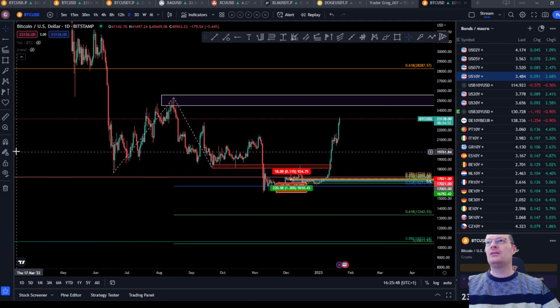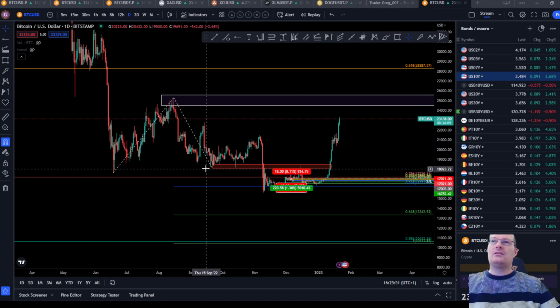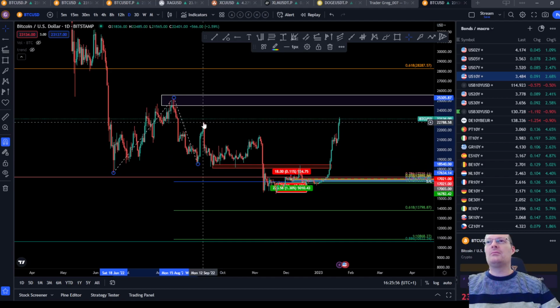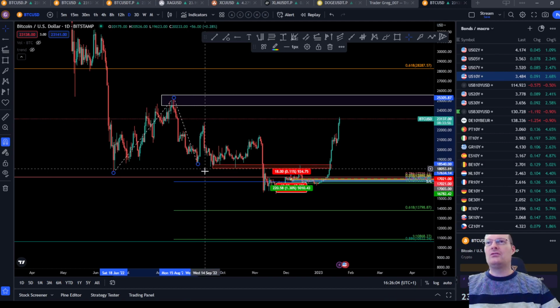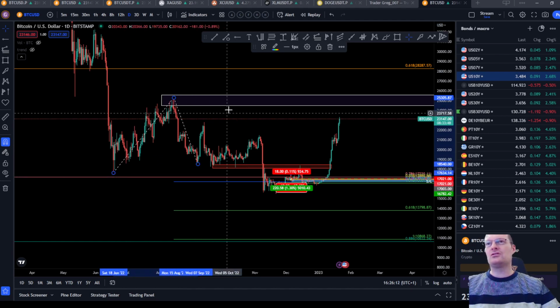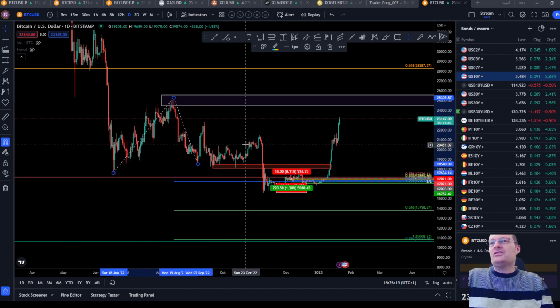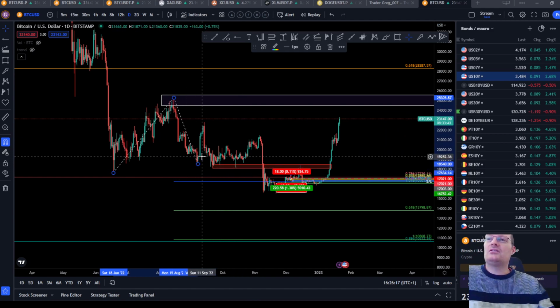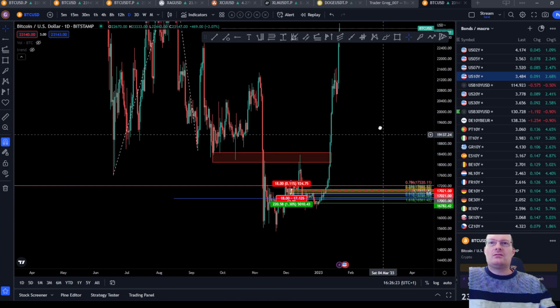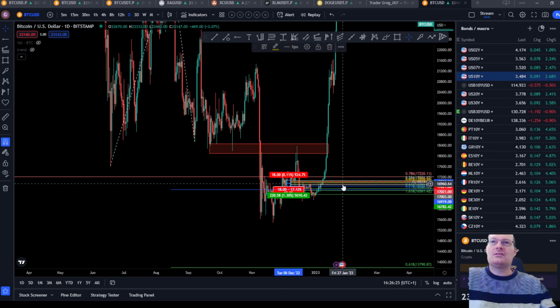So roughly you had this one. And then we got a pullback, so we had a low, high, a higher low, lower high. And then we did take out this low. So it did invalidate the structure where we have 3 highs and 3 lows, but still the targets remain the same.